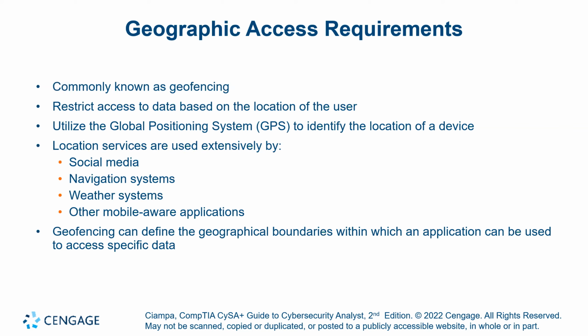So if someone tries to log in from like Salt Lake, it goes, no, you can't do that. They utilize a global positioning system to identify the location of a device.